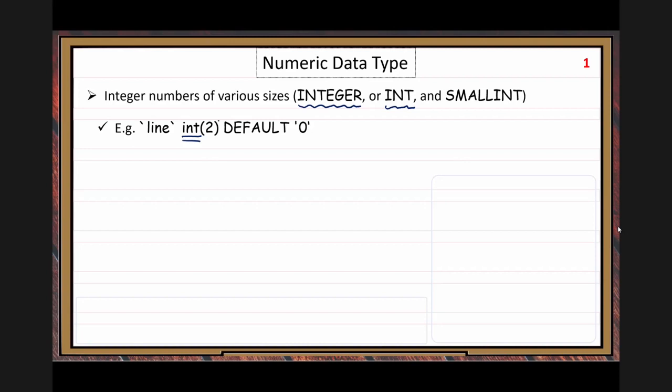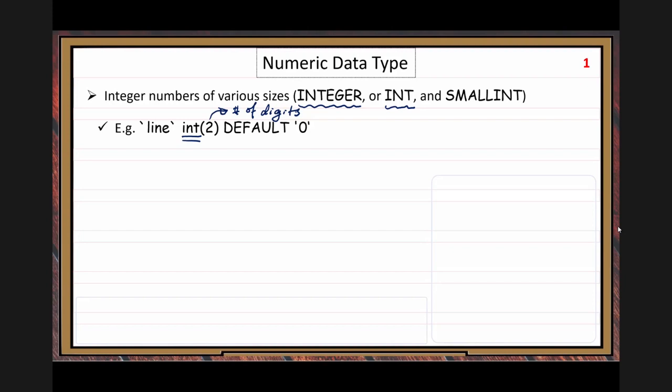And inside the parenthesis, number of digits. How do you specify the size? Inside parenthesis, number of digits for your integer. Here, 2 digits. So usually you look at how you use your data, because sometimes you need larger data sizes, so you need to give enough digits.